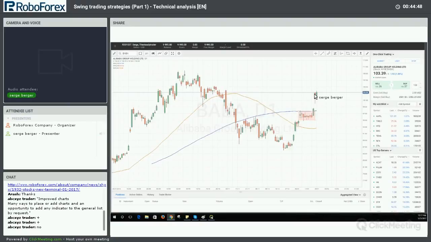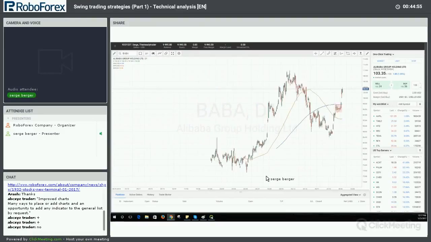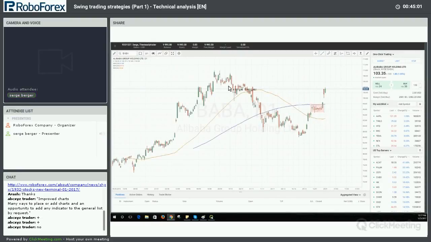Now, this is the last thing I want to cover today: how you can swing trade within the context of a strong trend. So let's look at this trend here. Let me take this.